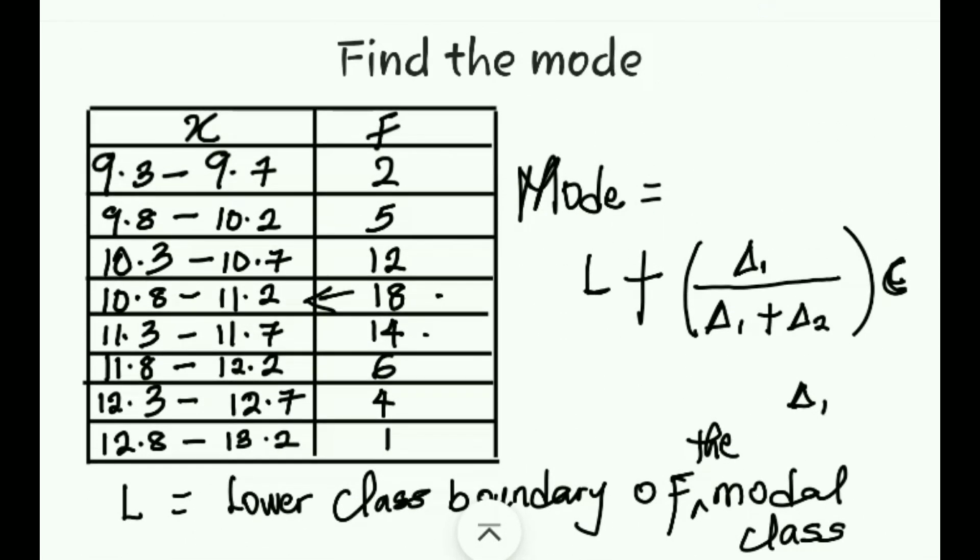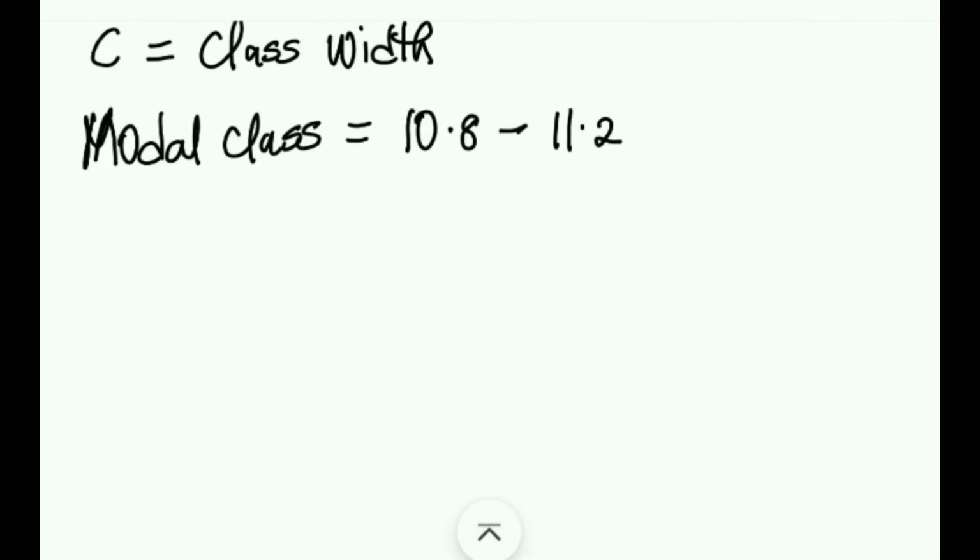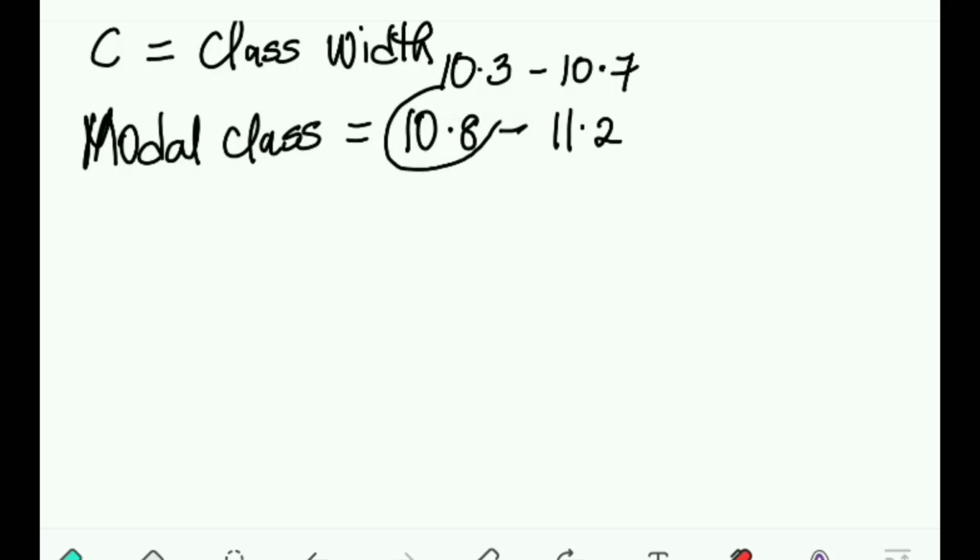Can you see that this is 10.3 to 10.7. That is the class before this modal class. The class before is 10.3 to 10.7. What we want to do now is to get the lower class boundary. So to get the lower class boundary, find the difference between these.